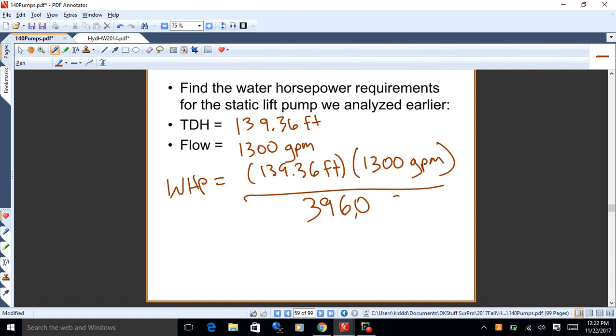So the units end up being gallons per minute per foot? I'm getting 45.7 here. The units, there are conversions in that 3,960. Those take foot-pounds per minute and convert them into horsepower. So this comes out to be a horsepower number, 45.75.